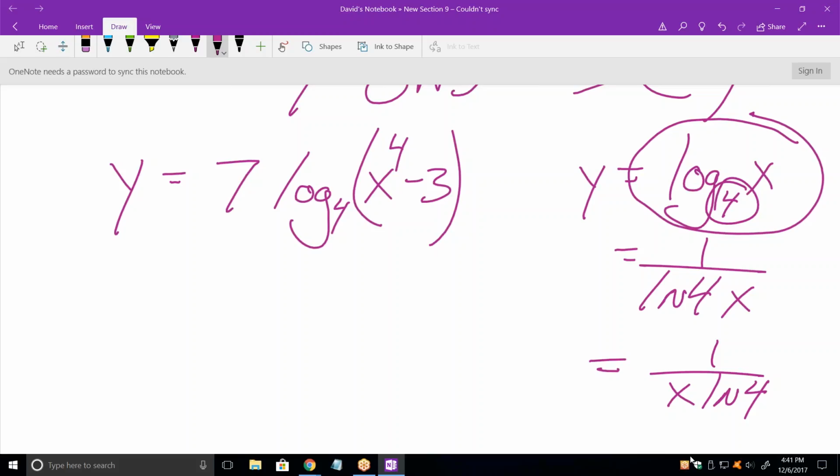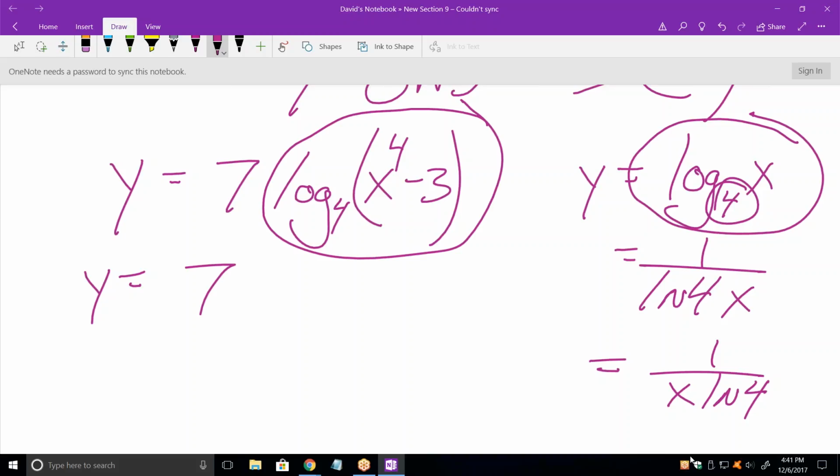So let's do that. The 7 stays where it's at. What is the derivative of the outside? 1 over ln 4 times the inside.